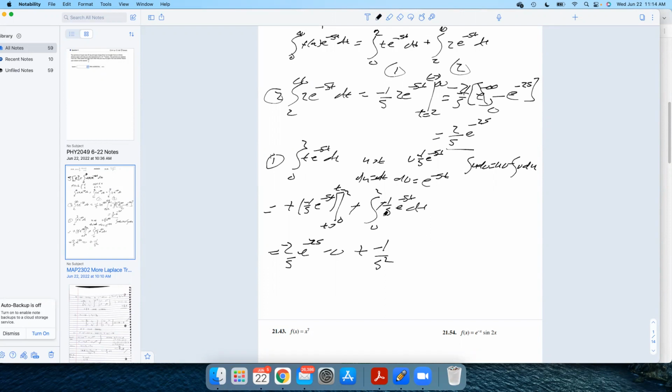Okay, and then here, so the antiderivative of e to the negative st, I pick up a negative 1 over s out front times this positive 1 over s. There's my negative 1 over s squared e to the negative st evaluated from 0 to 2.